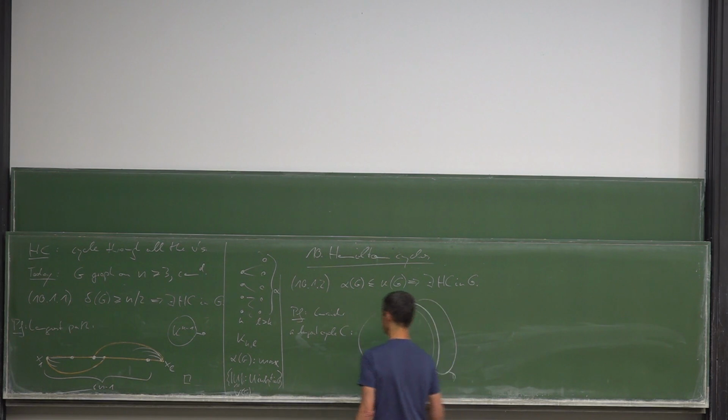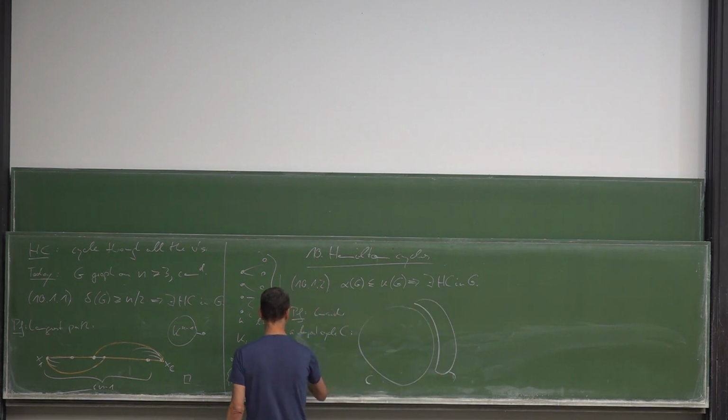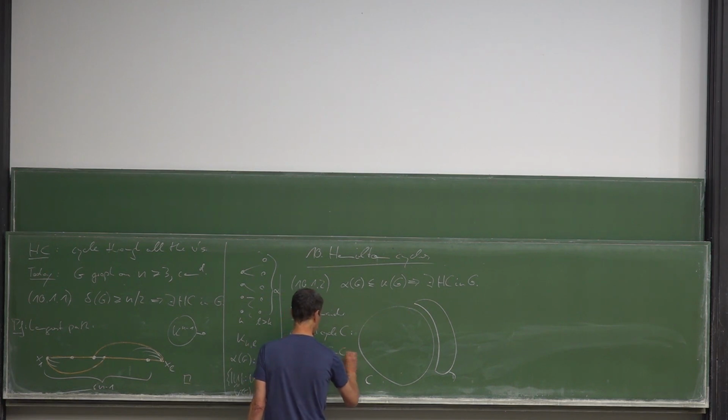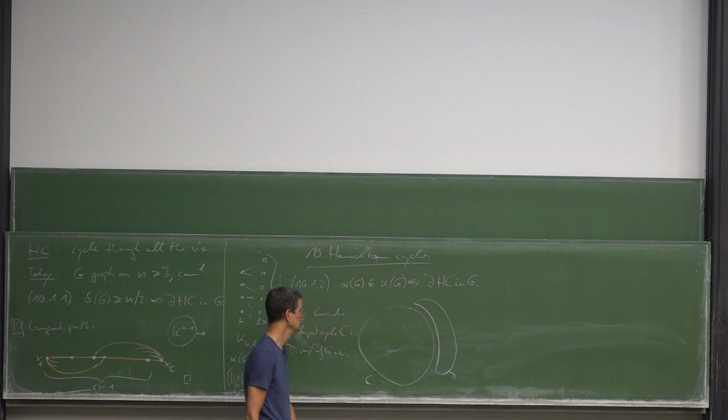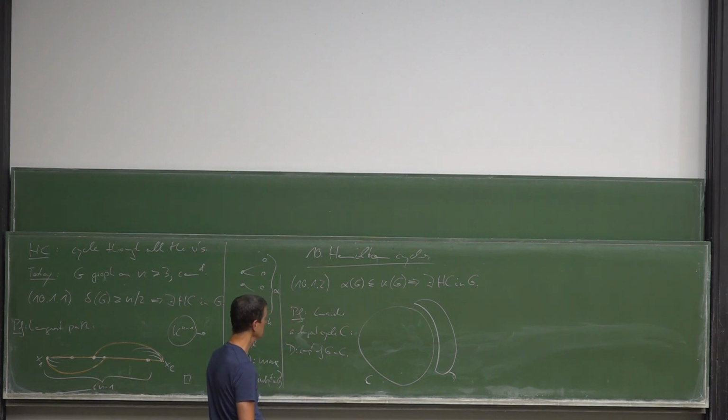Let D be a component of G minus C. Right, if such a component doesn't exist, then we're done, then we have found our Hamilton cycle.